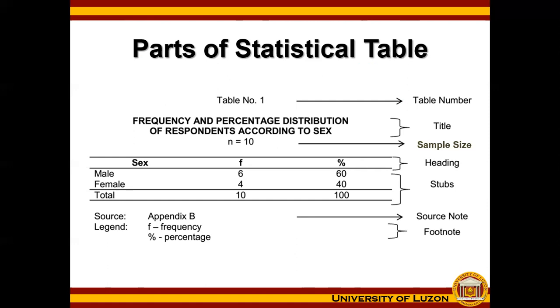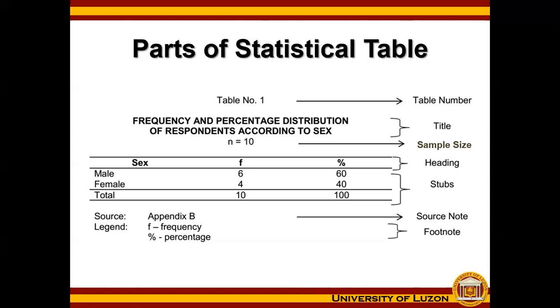But if you are doing a universe or total enumeration, letter N should be in the uppercase format. So that is the difference between small or lowercase n and capital N or uppercase N whenever we deal with sample or population.